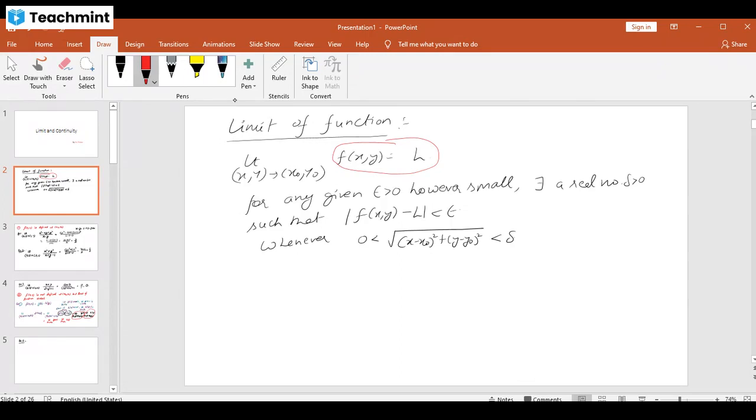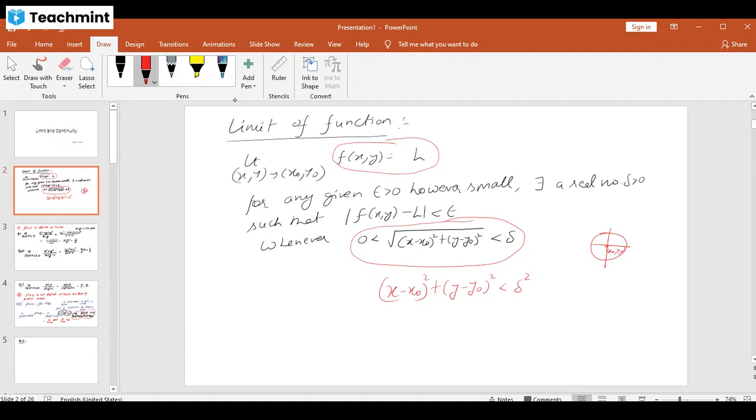There also we realize that the neighborhood of a point is basically a circle, because squaring both sides, we get (x minus x naught) squared plus (y minus y naught) squared is less than delta squared. It simply represents the equation of a circle whose center is at the point (x naught, y naught) and radius is delta. So we are considering all the points inside this circle whose center is at the point (x naught, y naught).